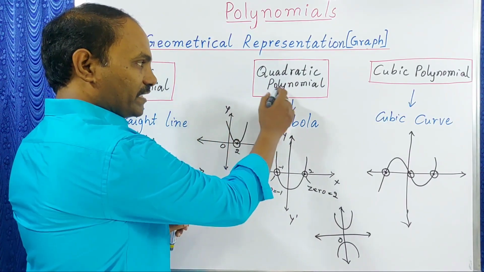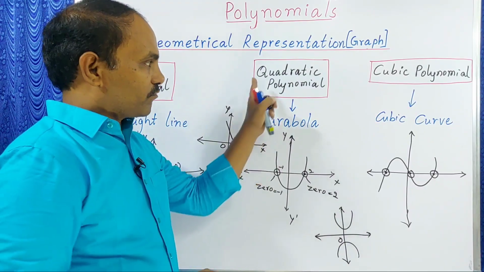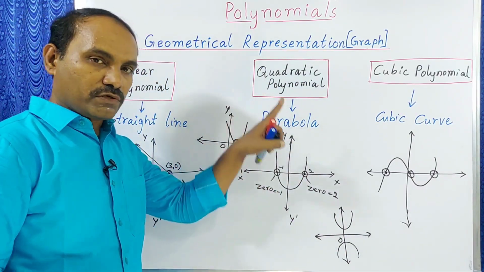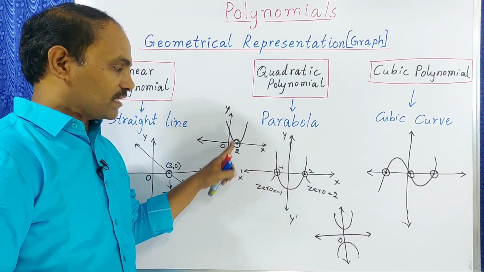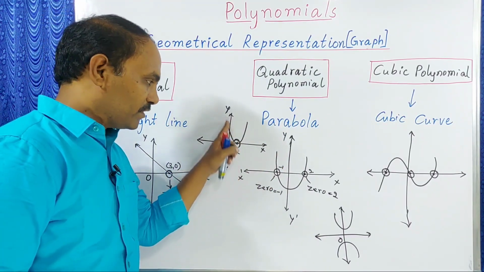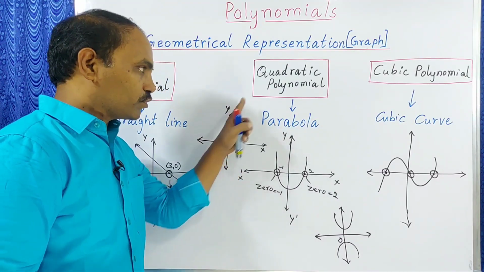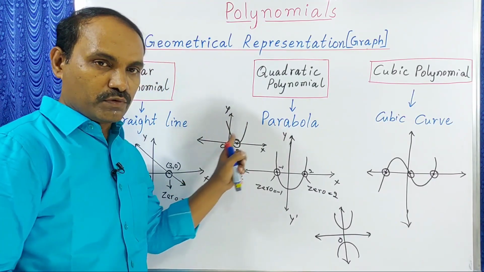It is not that the quadratic polynomial has one zero. A quadratic polynomial always has two zeros, and in this case the two zeros are equal. For example, if the parabola touches the x-axis at 2, then the two zeros are 2 and 2.